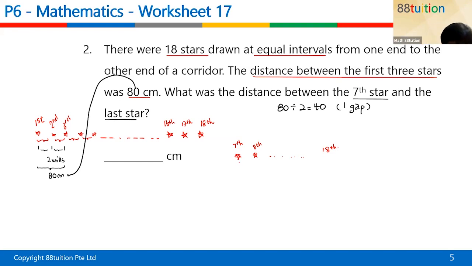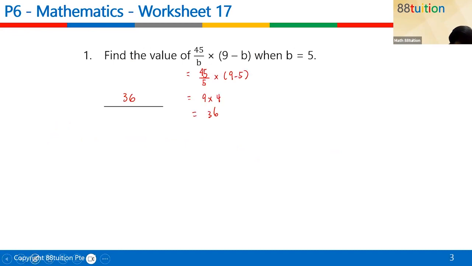That means how many gaps? If you have anything, use the chat function. Sorry, I turned on my chat function. So my question is, how many gaps are there? That's what I need to know.